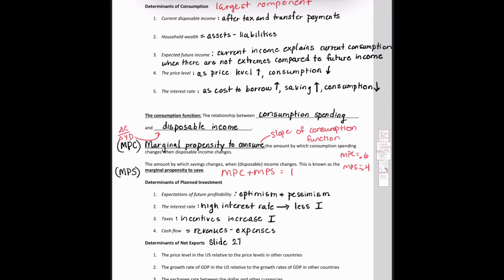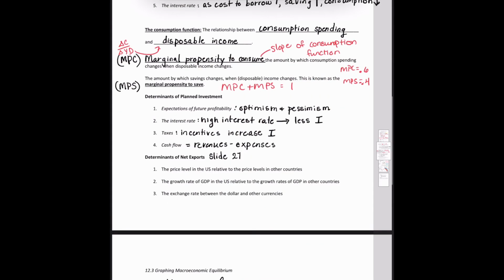Some people are choosing to build new houses, especially in the Amarillo Canyon area. And so we've kind of seen an increase in investment in this area. Interest rate. Business investment is oftentimes financed by borrowing.